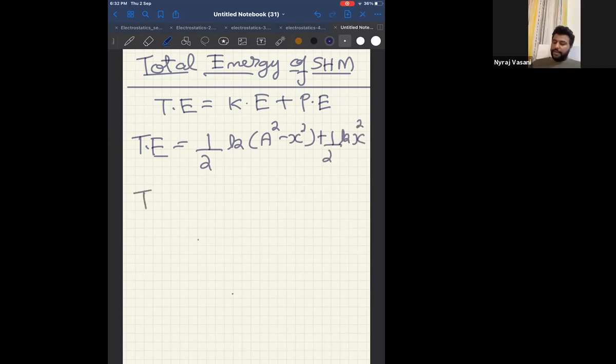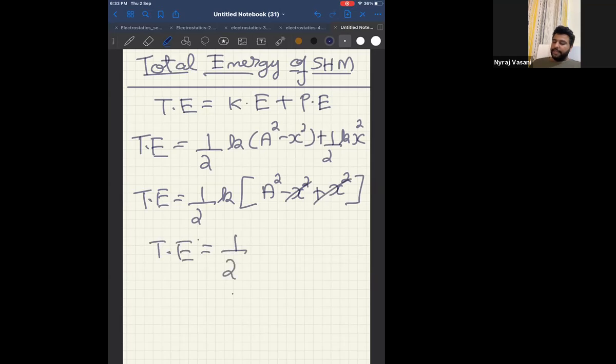Therefore, can I write total energy equal to half k a square minus x square plus x square? Correct? Because half k is common. Therefore, can I say minus x square and plus x square cancel? Therefore, total energy of oscillation is half k a square.